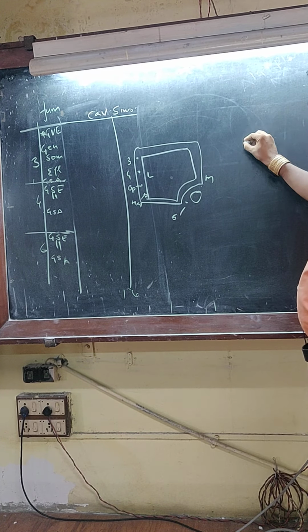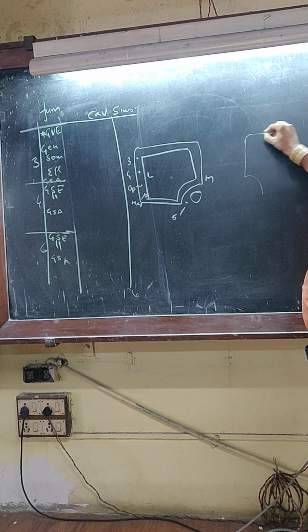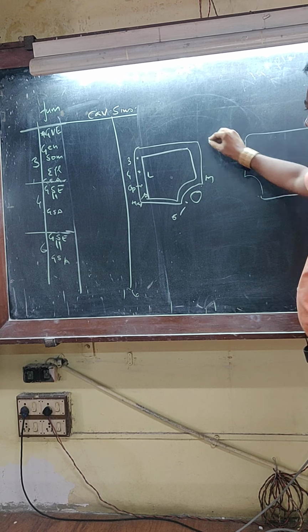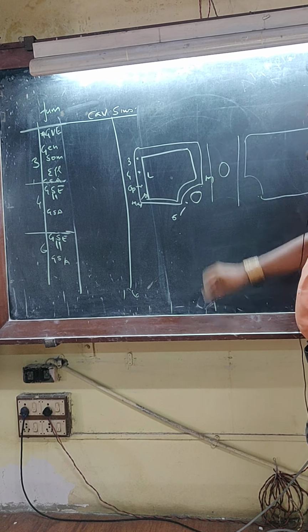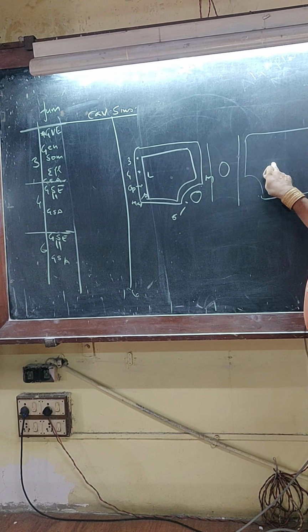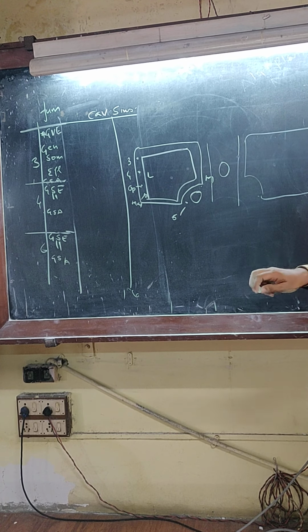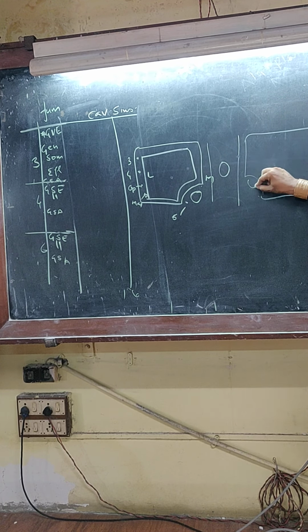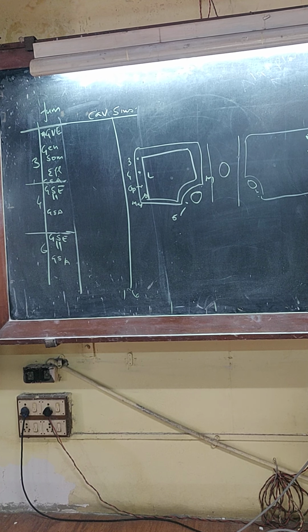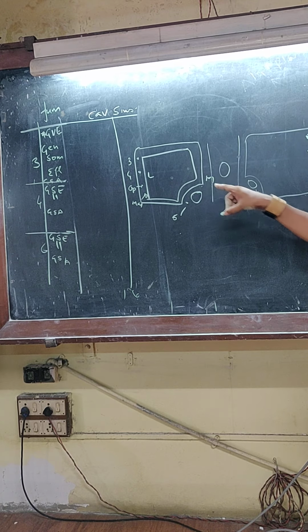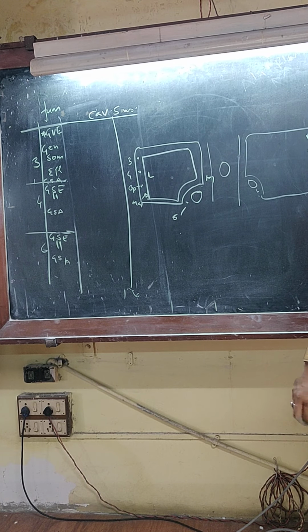So there are two cavernous sinuses. There is another cavernous sinus like this. In between is the pituitary gland. On both sides, this cavernous sinus is there. So the sixth nerve is in the medial wall, and third and fourth nerves are in the lateral wall of the cavernous sinus.